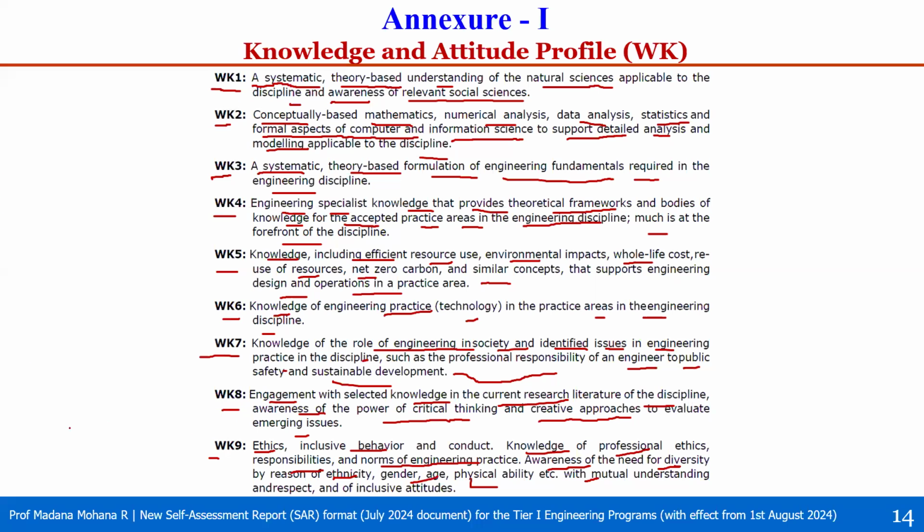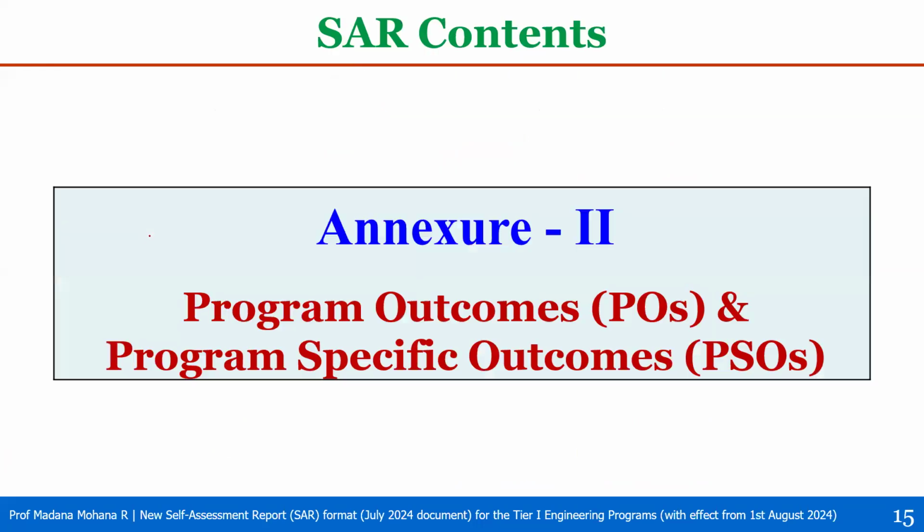So these are all the general graduate statements, like graduate attributes. Now whatever the POs, all the POs, the related WK has to be mapped. Now let us move to the next annexure, that is Annexure 2, program outcomes and program specific outcomes.